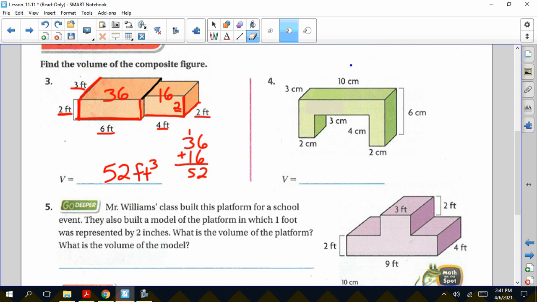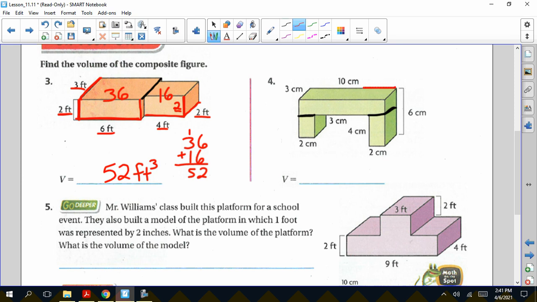If you look at this figure here, number 4, the 2 legs are 2 separate rectangular prisms. So you're going to have to cut this one off here and cut this one off here. So we have 3 separate rectangular prisms. So we'll start with the larger one up top.